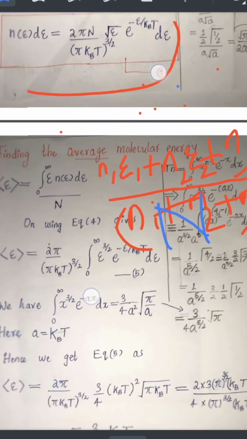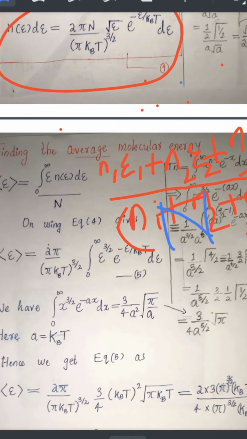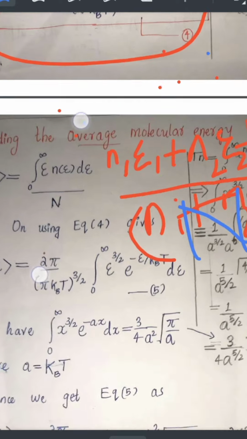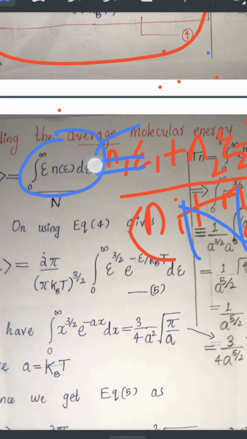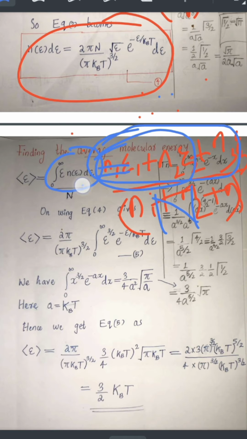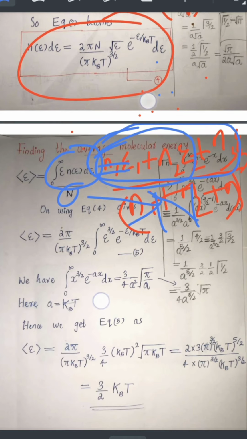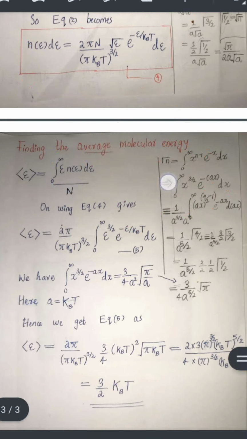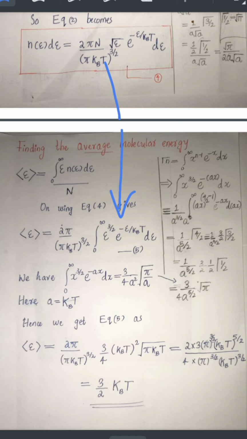And here we have continuous states, not discrete ones like E1, E2, E3. So this numerator represents the total energy, and this denominator is the total number of particles. So this is the interpretation for this equation. On substituting this n of e dE here, you will get this equation.